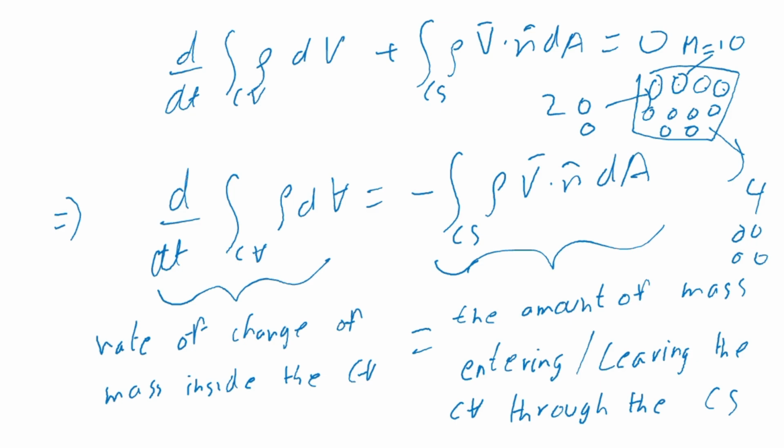So that adding and taking out is being represented by this second term. That is the flux. If you have an area, how much mass is coming out and leaving through that area, at what rate it is leaving, right? So that is being represented by the second term.